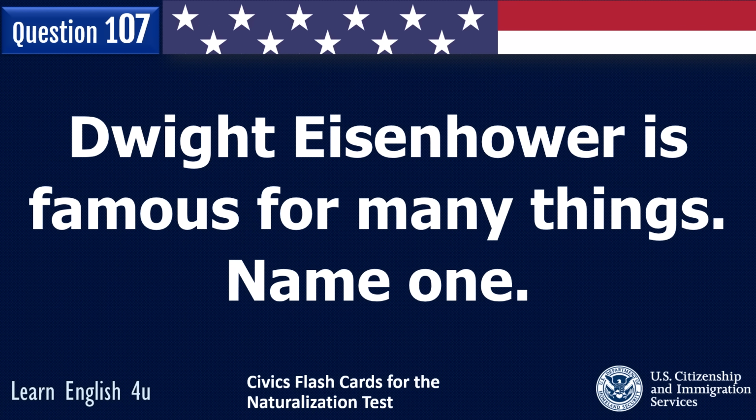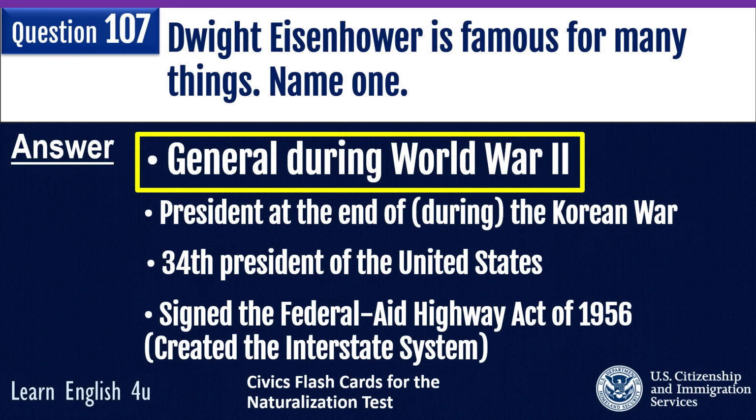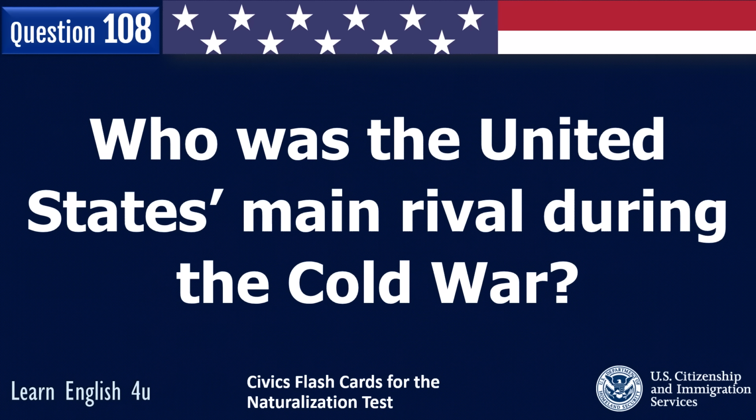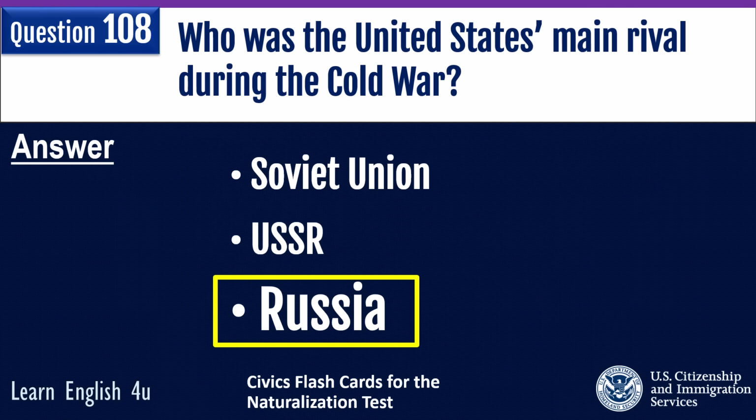Dwight Eisenhower is famous for many things. Name one. General during World War II. Who was the United States' main rival during the Cold War? Russia.